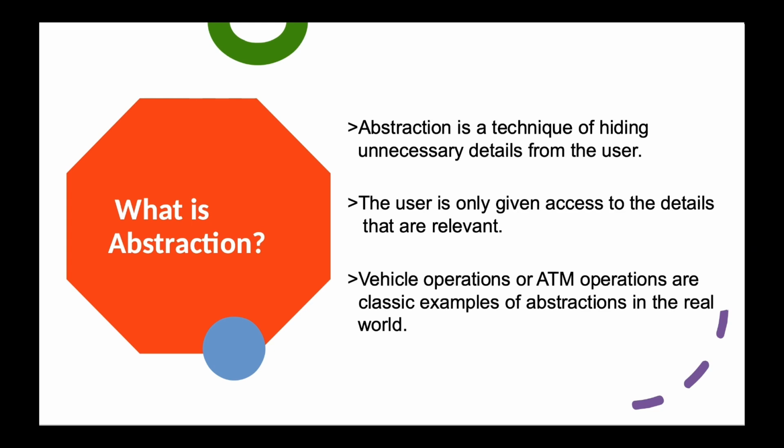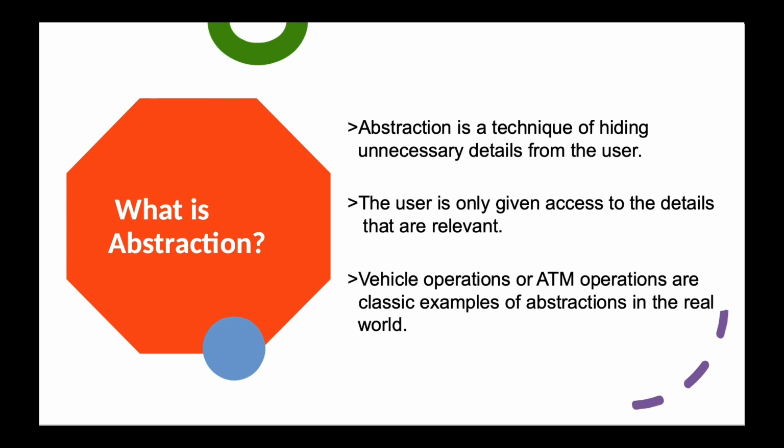Okay. So that is a classic example of what? Abstraction. You are allowed to only drive the car, but you cannot and will never fix it or know how and what goes into it before it becomes a full car. Okay, that is an abstraction.